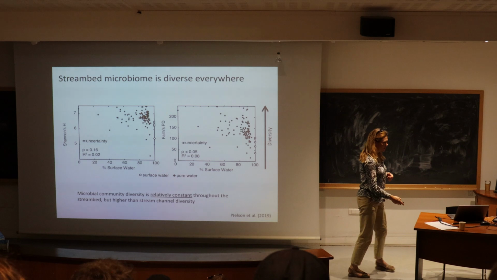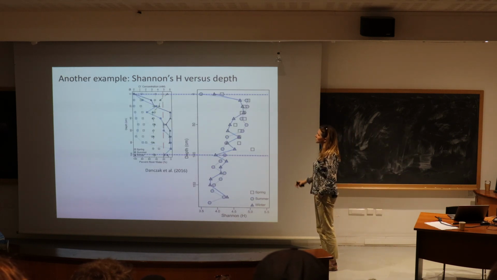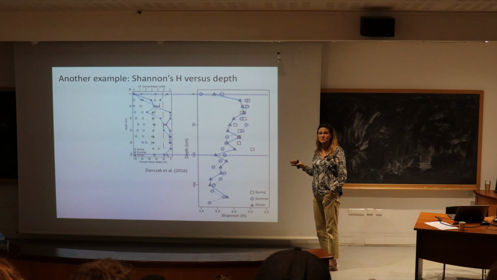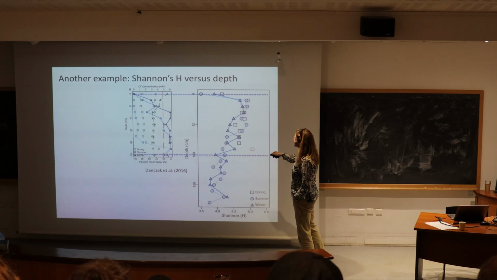And then another example from some work that I was a collaborator on at a totally different site, where we looked at the depth profiles in the microbial diversity. This is a sort of messy plot, but I would tune your eye to this blue line, which is percent river water, ranging from 100% to 0% as you go down with depth for these pore water samples.